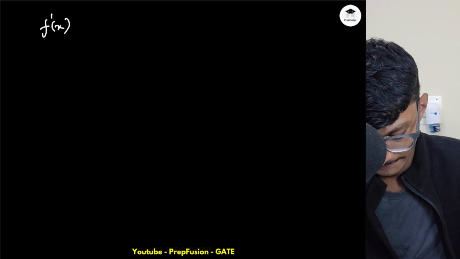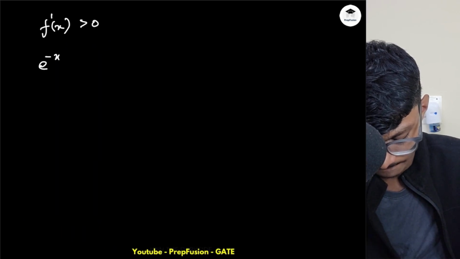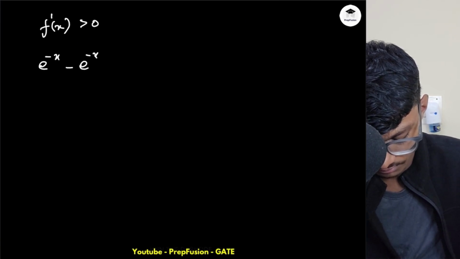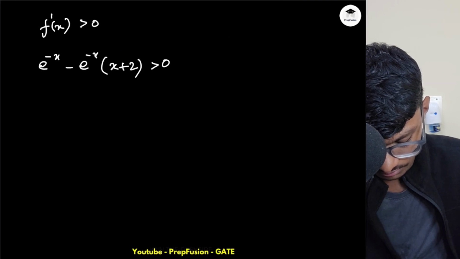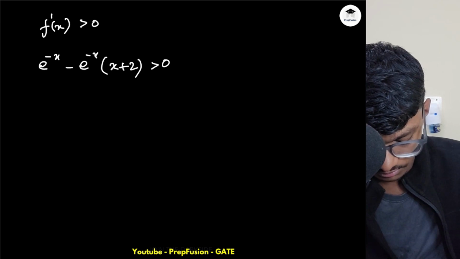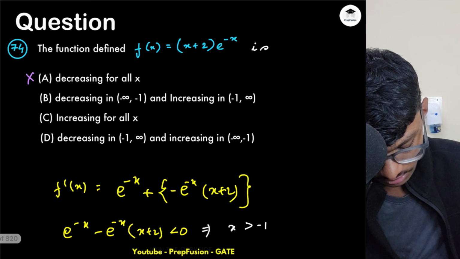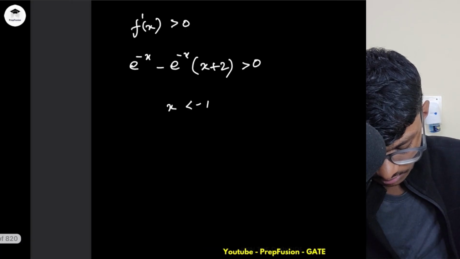E raised to power, I will write... so x has to be, okay, am I doing this correctly? Yeah, greater than 0. So this x has to be less than minus 1.